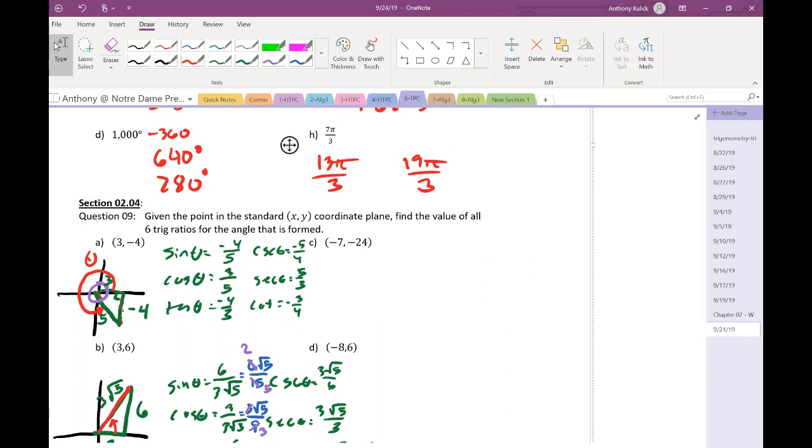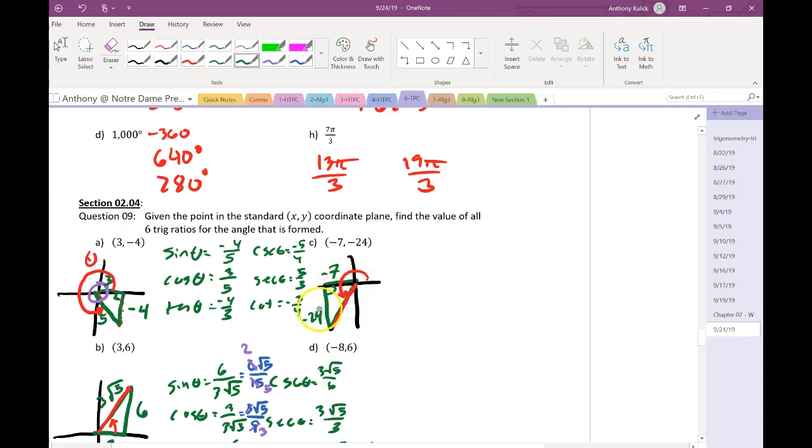Jeepers creepers. So negative 7, negative 24 is somewhere over here. So the angle I make is like this one. So again, draw my triangle, always back to the x-axis. So we went minus 7, because we went to the left, and minus 24, because we went down.